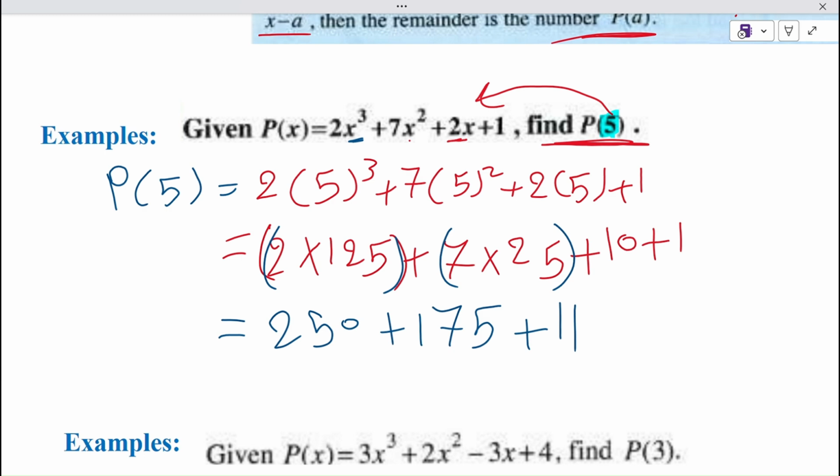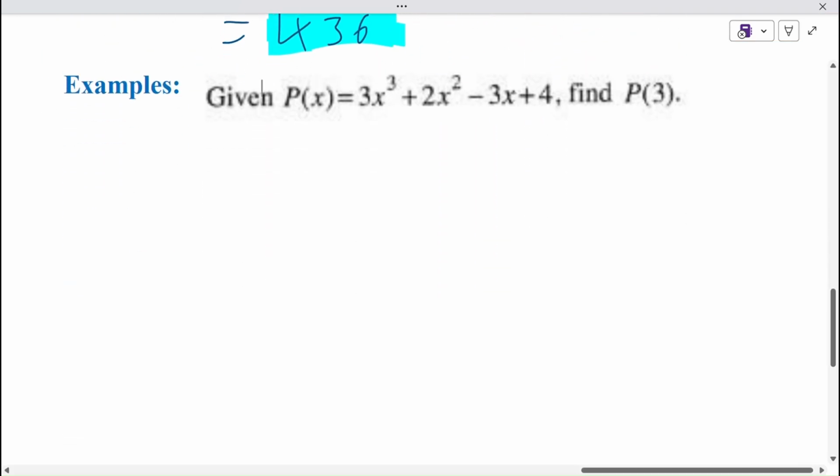Then let's add these numbers: 175 plus 11 plus 250 is equal to 436. So 436 is our remainder. Let's solve this example.